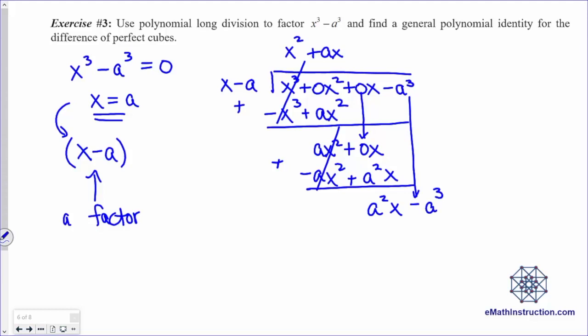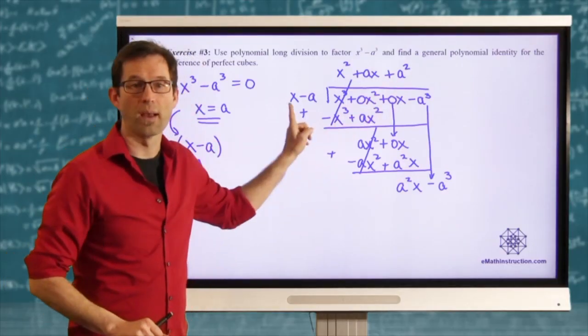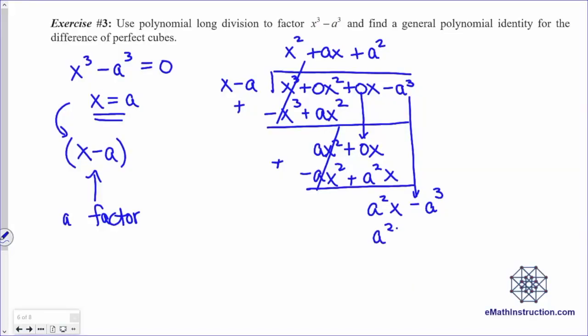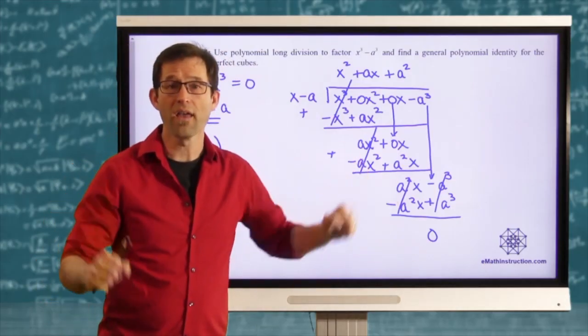minus a cubed, all right, which means I want to do an a squared there. A squared times x is going to give me a squared x down here. And then a squared times negative a is negative a cubed. Change, add, remainder of 0. Remainder of 0, yay!